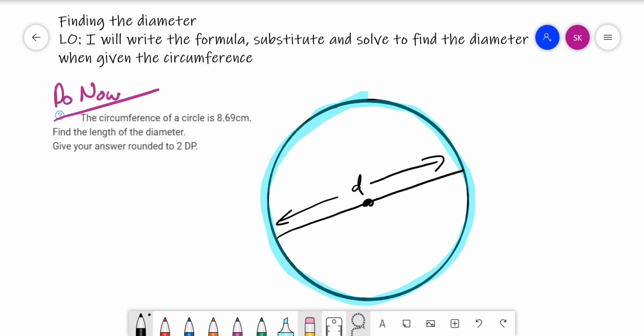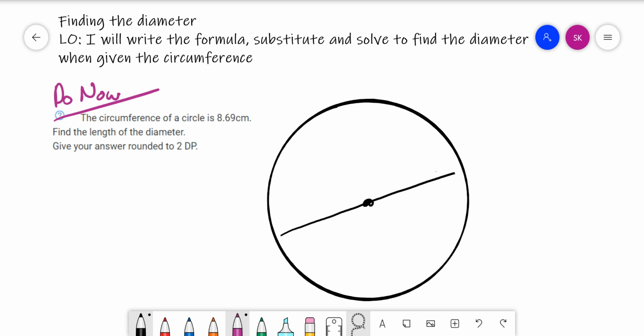So how do we go about answering this particular question? Well, I'm hoping some of you will have read the learning objective. So read the learning objective to yourself. If you need to pause the video so you've got time to do that, then go for it. And so the way we answer these questions, when we are given the circumference, is step one, write the formula.